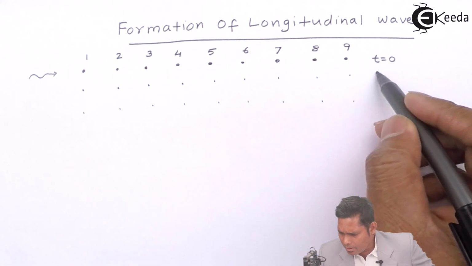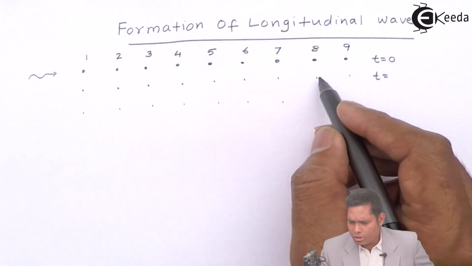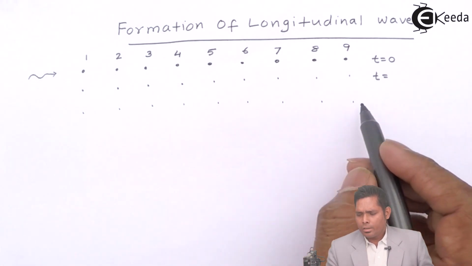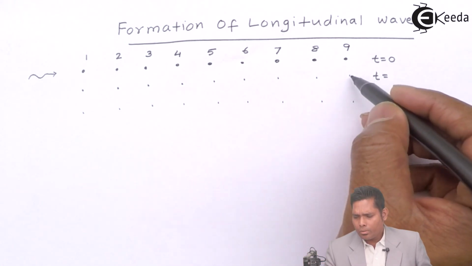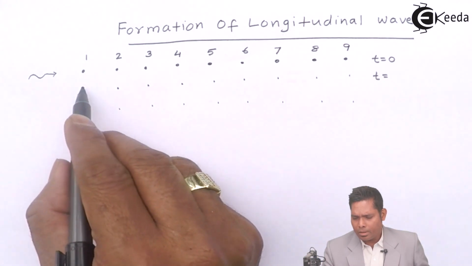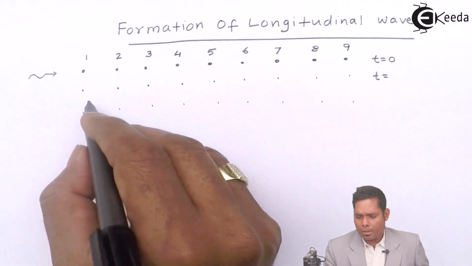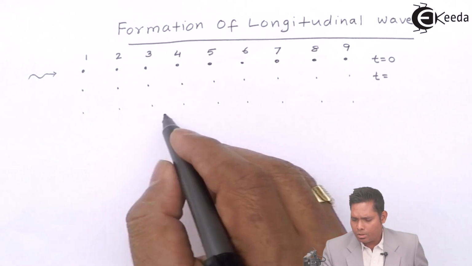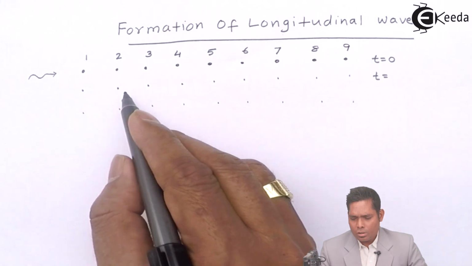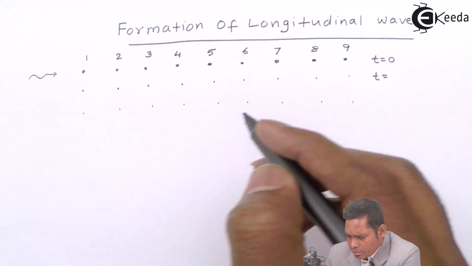This is T by 8. These dots I'm not making very large because I have to shift these particles. Just as the previous assumption that the particle was here, I'm just giving a dot, but this will change to its new position, so therefore it is just faintly given.